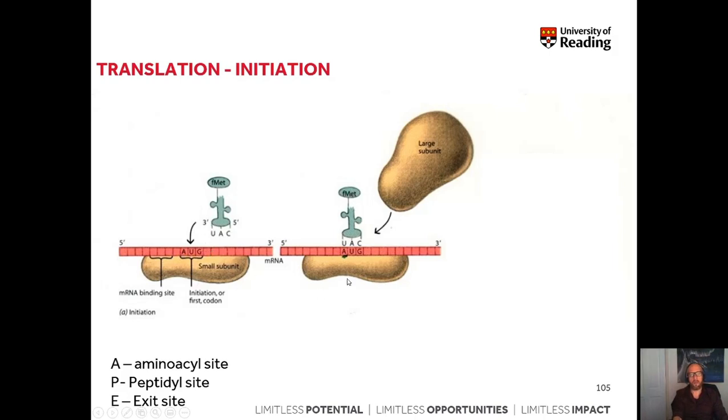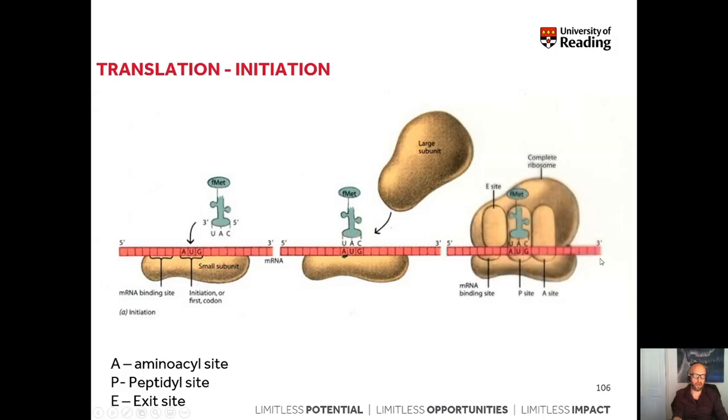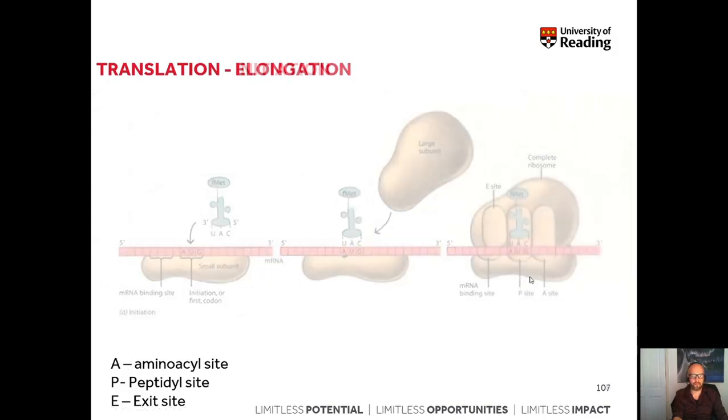Once this happens, the large subunit can enter the complex, and now we have a full and complete ribosome. As you can see here, we have the mRNA binding site, the P site and the A site as well. Those are the sites on ribosomes we need to pay attention to.